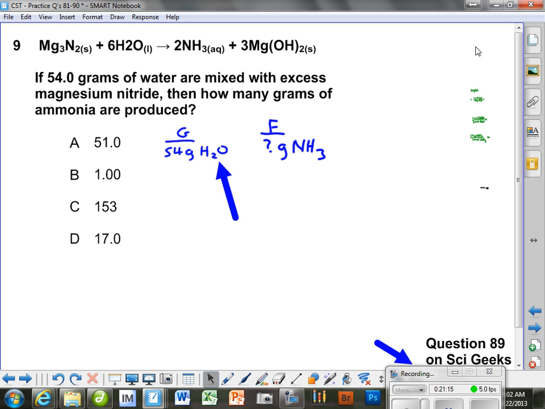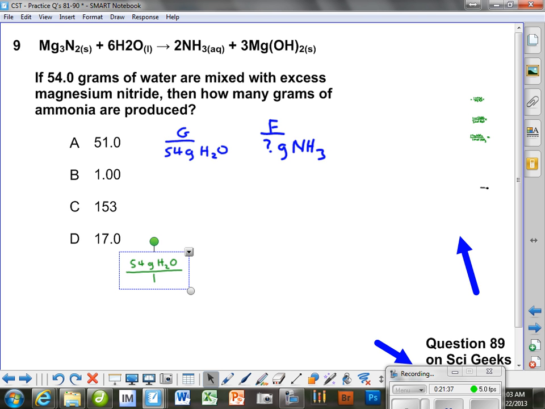So with 54 grams of water and all of the magnesium nitride that we need, we're going to be able to figure out the exact amount of ammonia that can be produced. So, first of all, we've got to get molar masses again, don't we? Or, well, yeah, we will get molar masses.